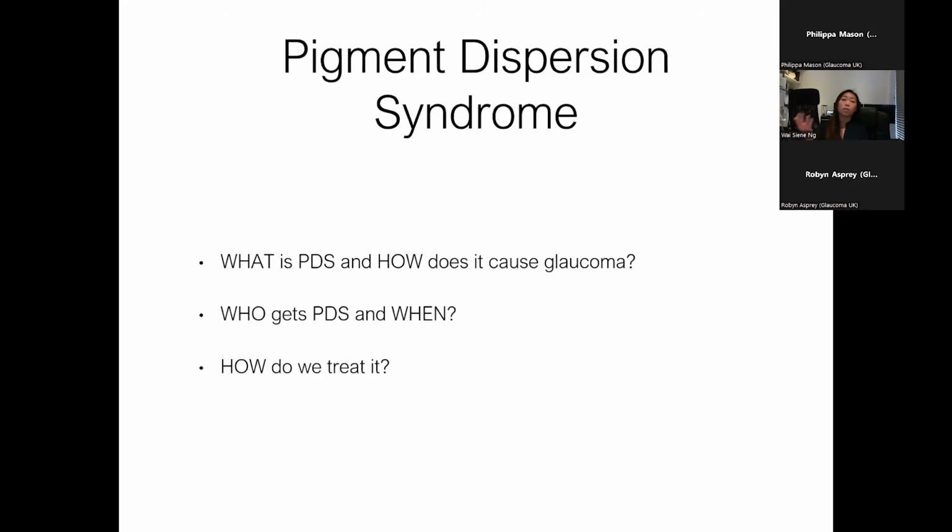Sorry if I'm using PDS, it means pigment dispersion syndrome. It's just easier to say than pigment dispersion syndrome at every single point. And lastly, we will end on our treatment options. So how do we treat pigment dispersion syndrome and glaucoma?